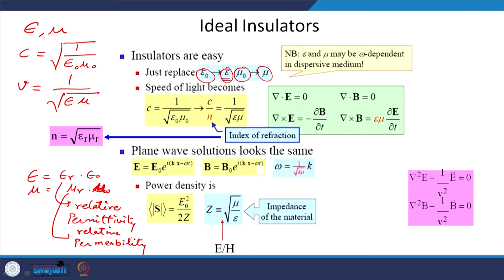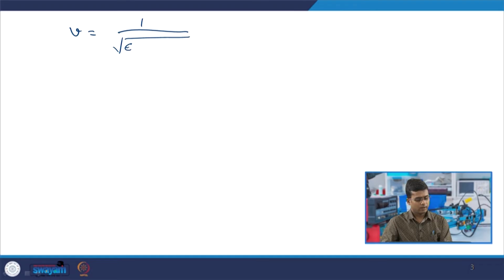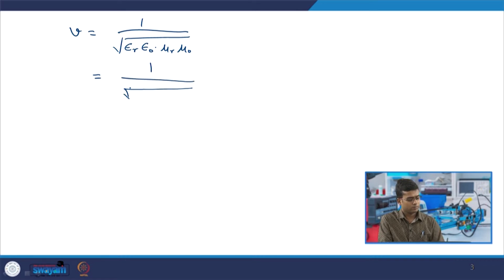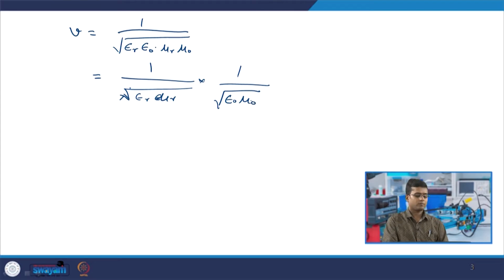So, what you see here is that basically we can write V is equal to 1 upon under root epsilon r epsilon naught into mu r mu naught. We can take epsilon r and mu r outside. So, it becomes 1 upon under root epsilon r under root mu r into 1 upon under root epsilon naught mu naught, and this is equal to c.